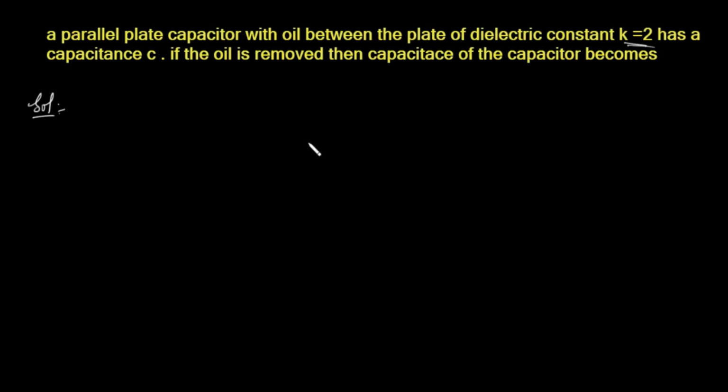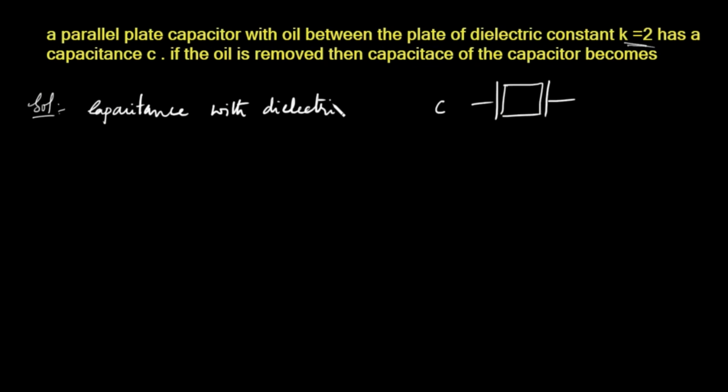Now with the dielectric completely filling, its capacitance is C. If this dielectric is removed, then the capacitance will reduce by K times.